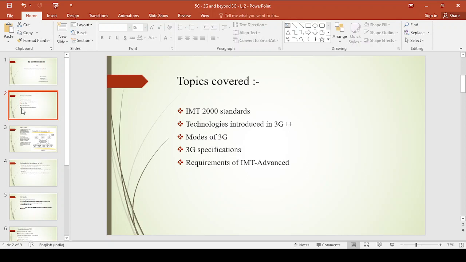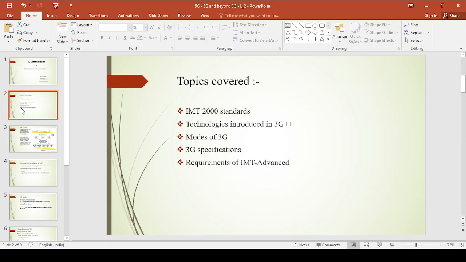IMT 2000 is a standard given to the third generation system by the International Mobile Telecommunication, and IMT-Advanced is also a standard given to the 4G systems. IMT-Advanced or the 4G system, both are the same.